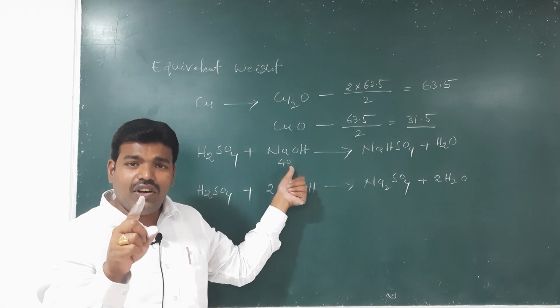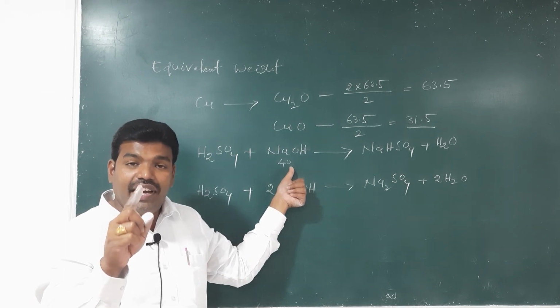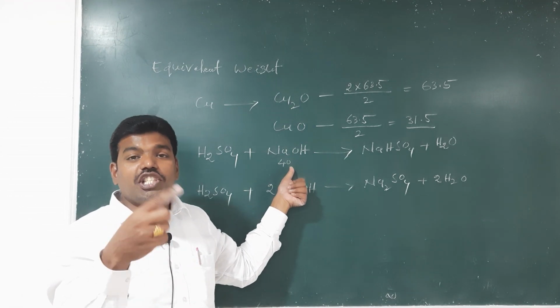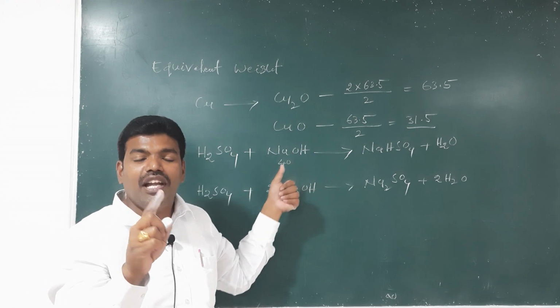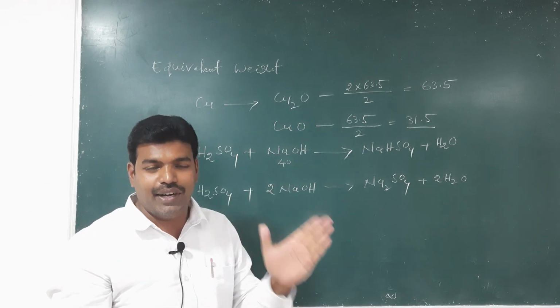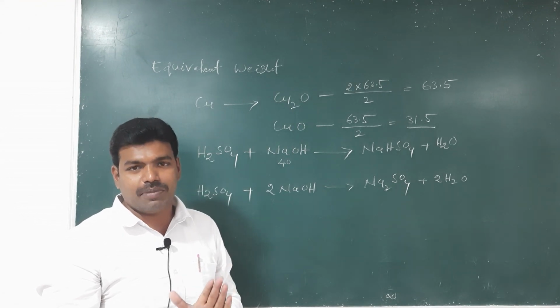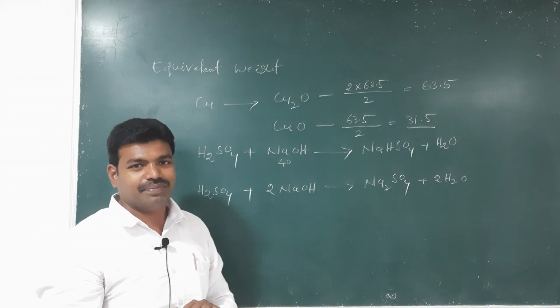So, equivalent weight of a substance is the weight which combines with or displaces 1.008 parts by mass of hydrogen or 35.5 parts by mass of chlorine or 8 parts by mass of oxygen.